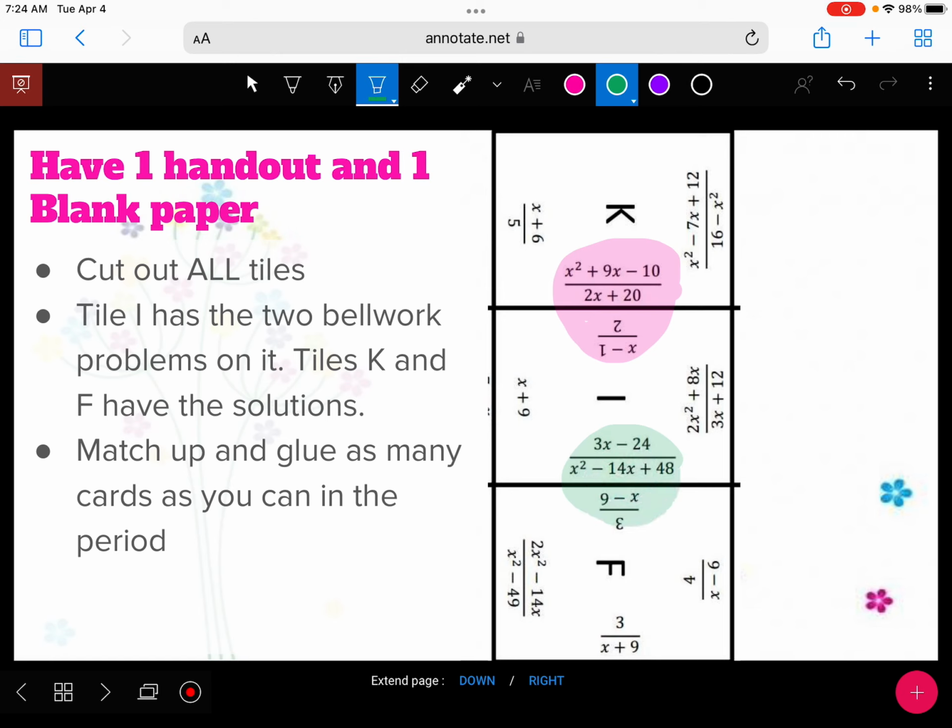We did two of them. So you can match up I, K, and F as it is right now. We did these two matches. This was the second Bell-work problem. This was the first Bell-work problem. Or other way around. This is the first Bell-work problem. This was the second. And this is the answer we got. And this is the answer we got.